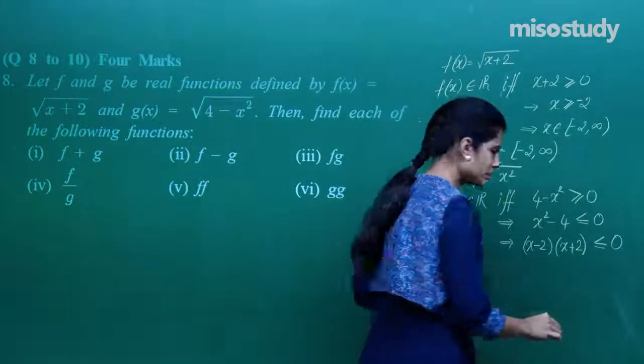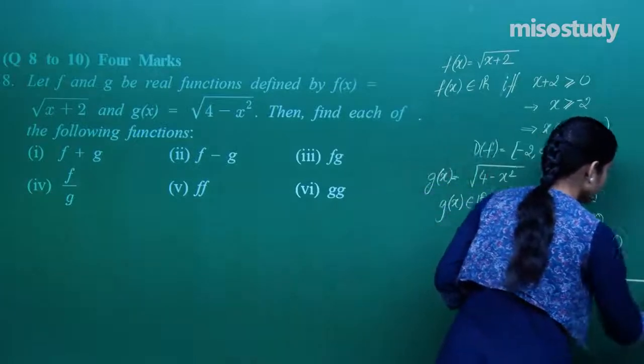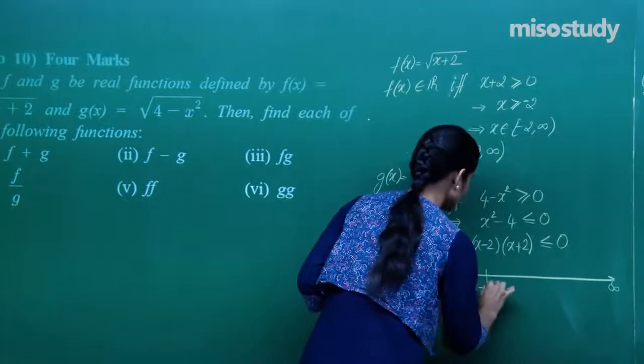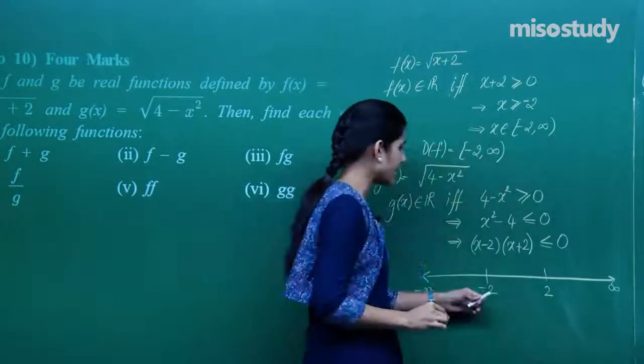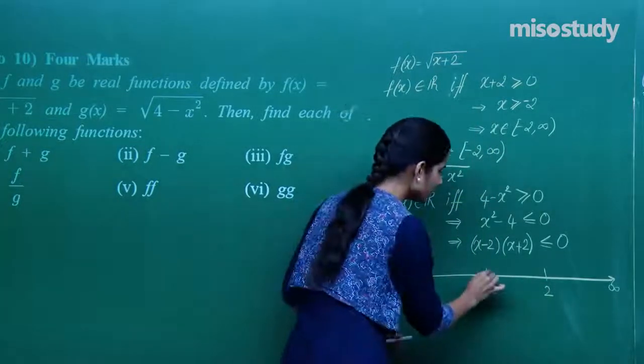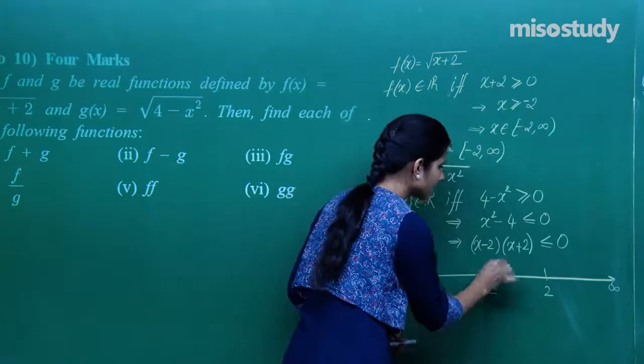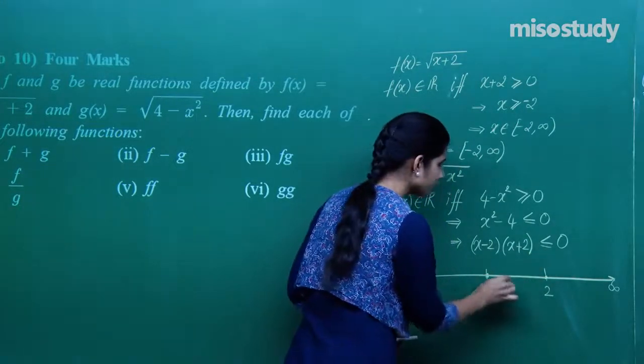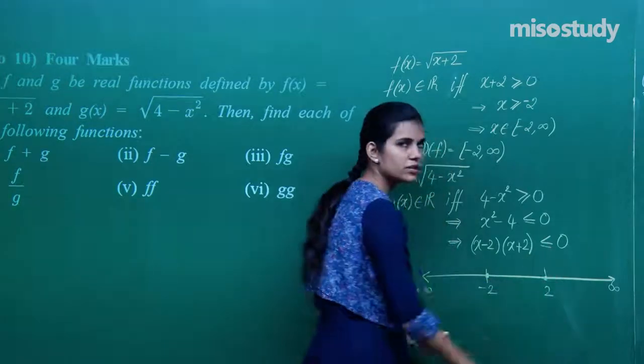This is negative. Now on this number line, this is minus infinity, this is infinity, this is minus 2, this is 2. If you put x equal to minus 2 and equal to 2, you are definitely going to get 0. So we will be accepting x equals minus 2 and 2 for sure because I want 0.